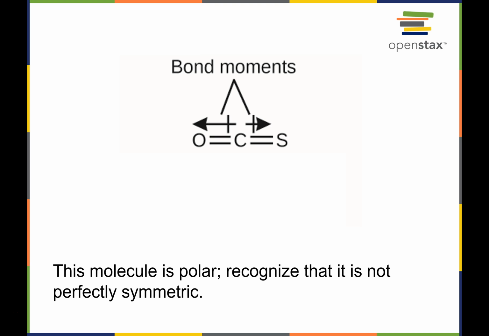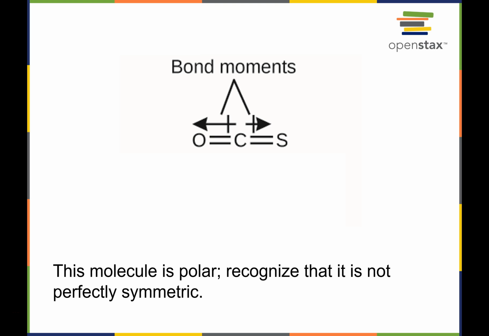This actually has a similar shape, but this isn't carbon dioxide. Instead of 2 oxygens, we have an oxygen and a sulfur. So what would you say? Would you say that the bond polarities have the same magnitudes? No, they don't. So if that's the case, you can't say it's symmetric. What would you say?